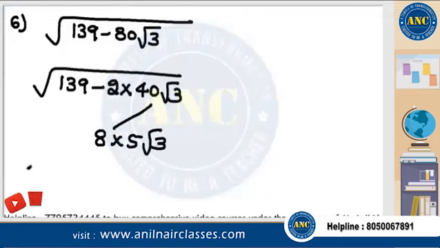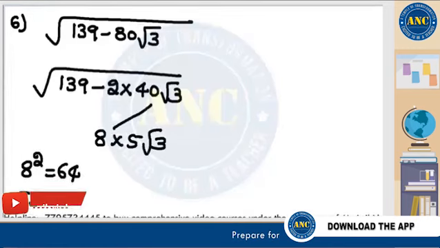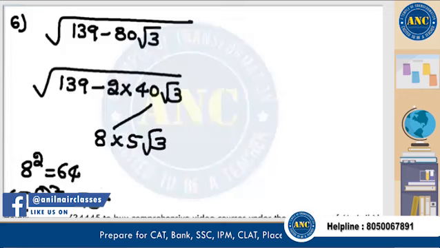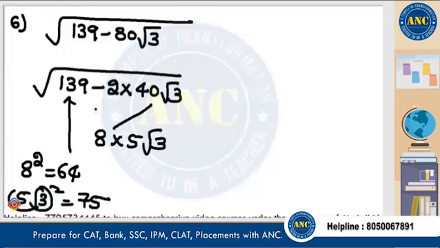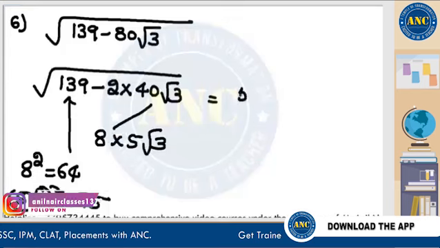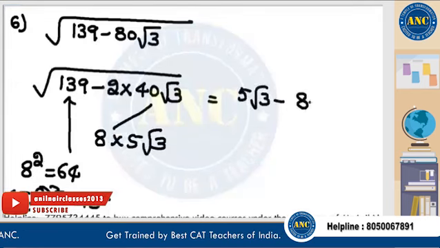Can I write it? Yes. 8 square is 64. 5 root 3 whole square is 25 into 3, which is 75. 64 plus 75 is 139. So the answer is 5 root 3 minus 8.